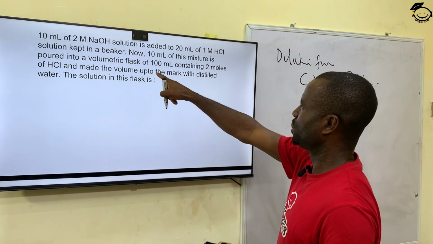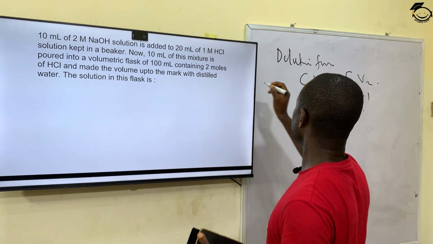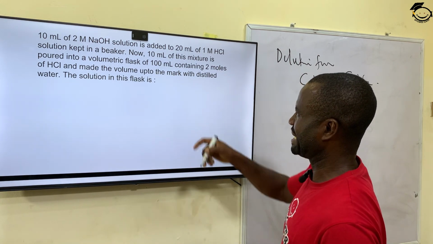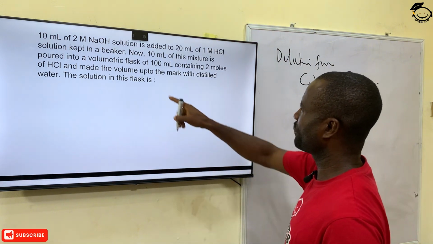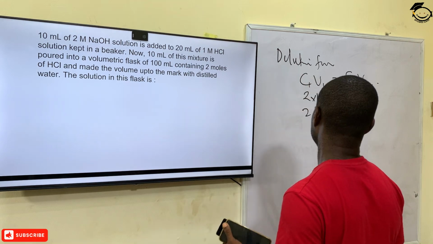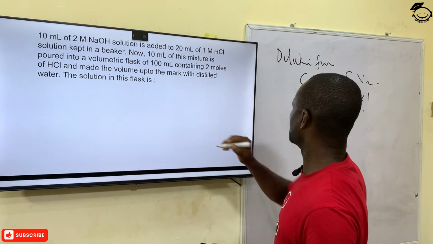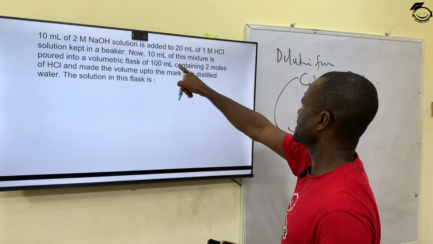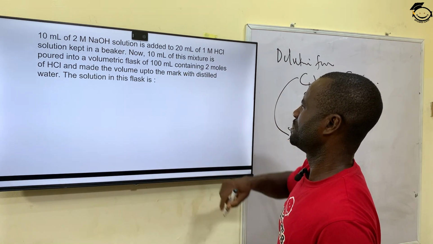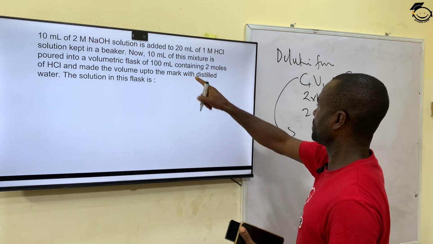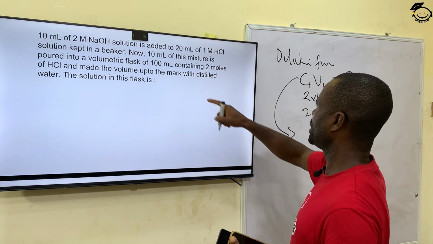But looking at the solution again, 10 ml of this mixture was added to a volumetric flask containing 100 ml. So look at the volume. In this case, the volume of the solution is 100, which is V1, containing 2 mole.